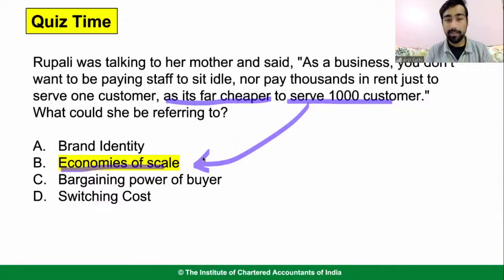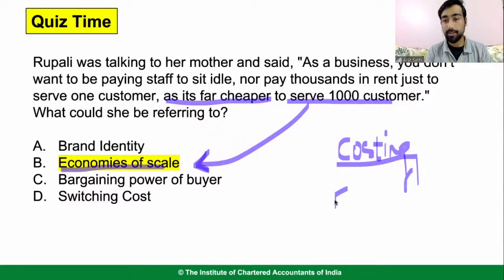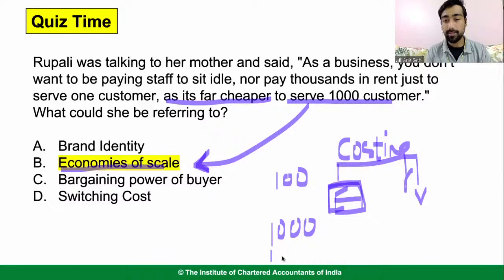In costing, economies of scale is based on a simple concept. In costing you have fixed cost and variable cost, right? Economies of scale is based on that particular logic. So if you're making 100 units, your fixed cost is the same. If you're making 1,000 units, your fixed cost is the same. If you're making 10,000 units, your fixed cost is again the same, right? Only variable cost keeps changing. That is economies of scale.